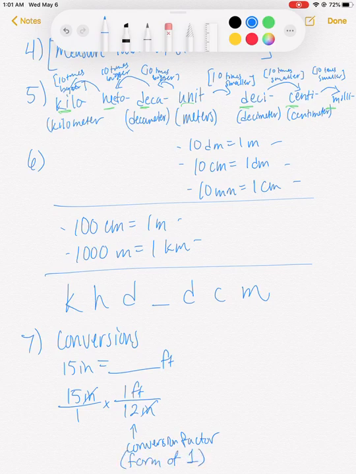They're the same thing, and that's why we can multiply it and not change our value. We multiply the numerators and denominators, 15 over 12 feet. We can simplify that to 1 and 3/12 feet, which is equal to 1 and 1/4 foot. That's how conversions work in general.